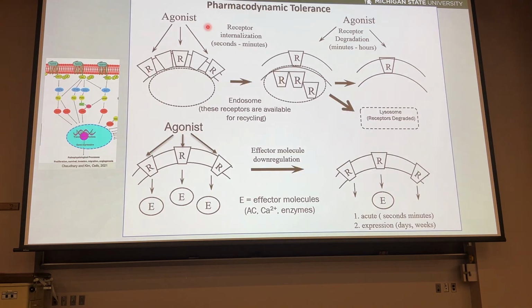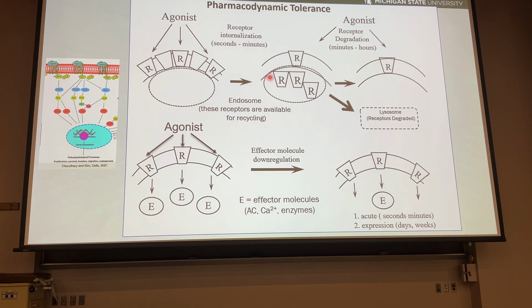So to belabor that a bit more, this is what I just talked about. This top is a different representation of everything we just said. We've got our agonist, we've got our receptors, so these trapezoid shapes are sitting in our cell membrane. Agonist binds to them, they get internalized, right?